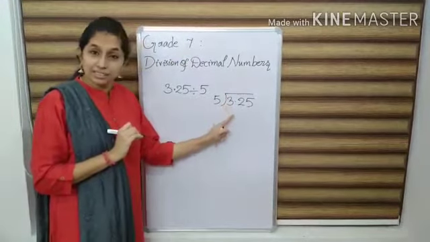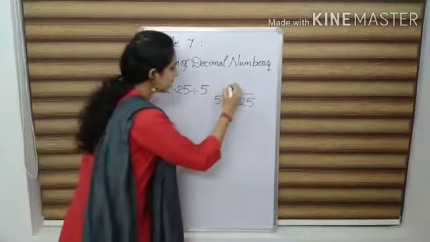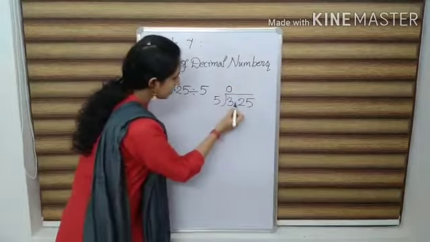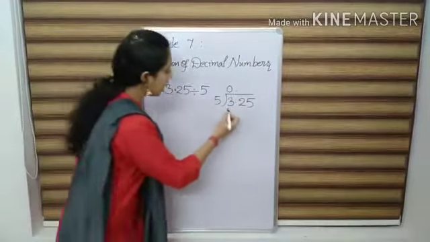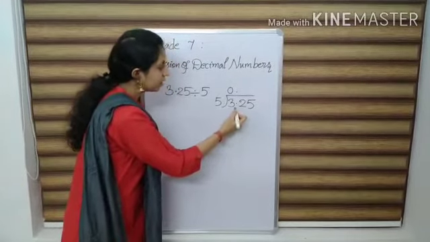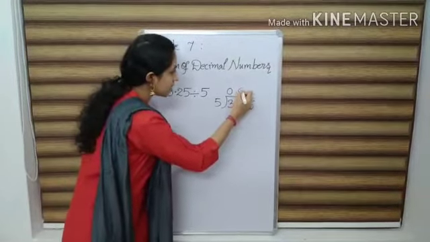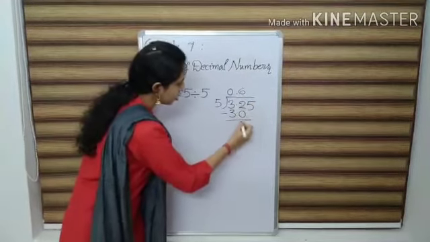First you take the digit 3. 3 is not divisible by 5. So you write a 0 here and take this decimal in the quotient. And now the number becomes 32. Be careful while doing 32. 5 sixes are 30. And on subtracting we get 2.